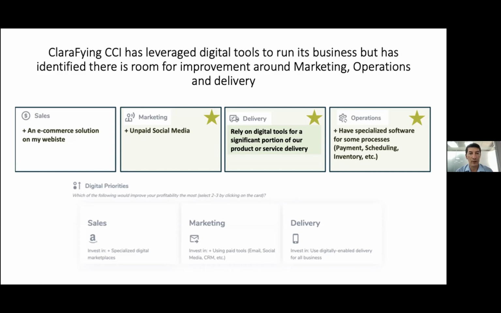In marketing, we identified that it could be important to invest in paid tools, for example email, social media, CRM, etc. And for delivery, maybe we need to invest in digitally enabled delivery for all businesses. Next slide, please.